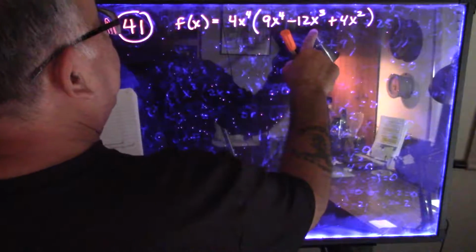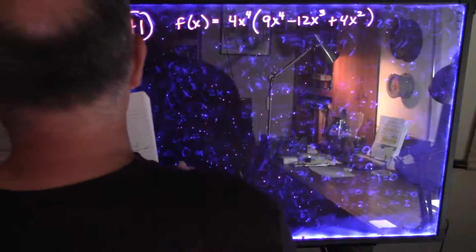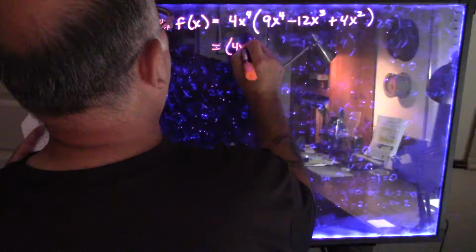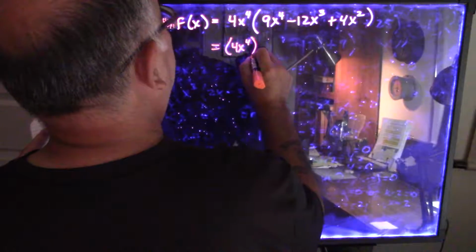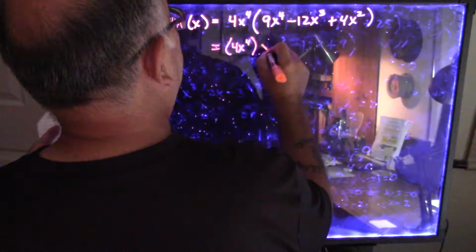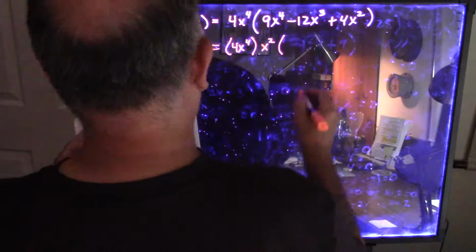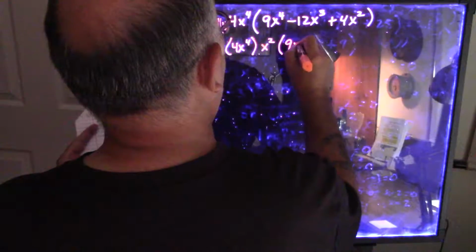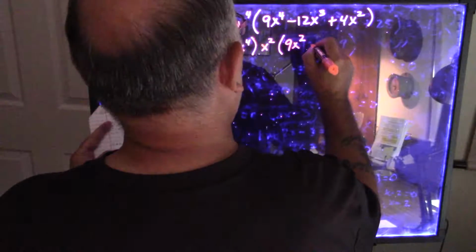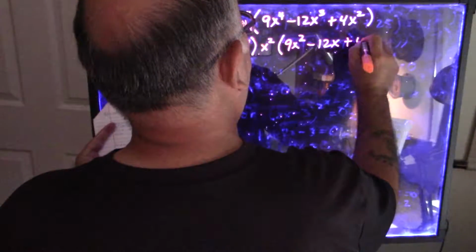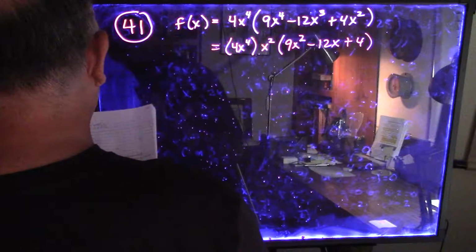And we can get an x squared out of these three here. So we have 4x to the 4th. I'll put that in parentheses in front. Factor out the x squared, put it right next door. And then we've got 9x squared minus 12x plus 4, like that.